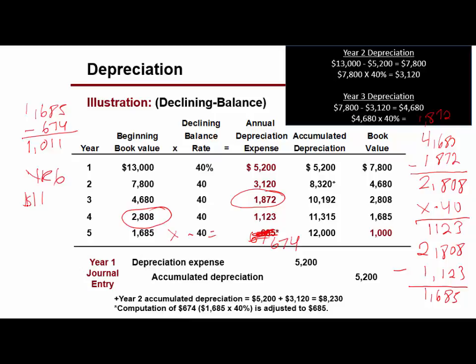That gives us the carrying value that goes forward to year 2. We take 40% of that. We take the depreciation for year 2 off of that 7,800. That gives us the carrying value going into year 3, right? We take that new carrying value times the 20%. That gives me the depreciation for year 3. Take that off of the previous year's carrying value. That gives me the carrying value going into year 4, right?